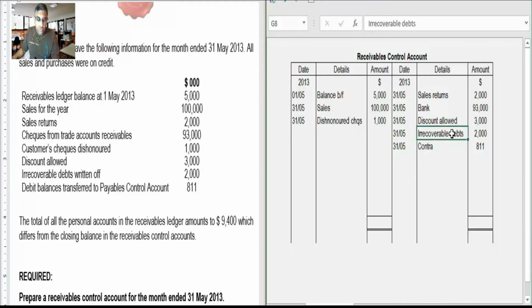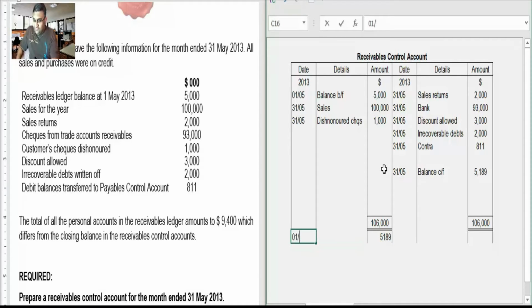We are done with all the entries here, so we can just balance off the accounts to obtain the closing balance. We have $106,000 on both the debit and credit sides, and the credit side falls short by 5,189, which represents the balance carried forward, which eventually becomes the balance brought forward for the next month.